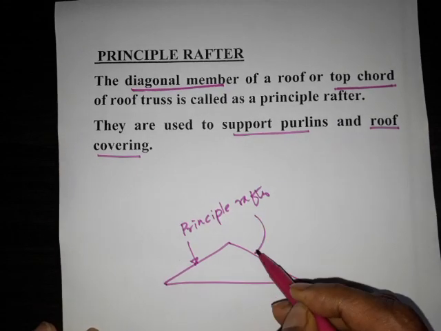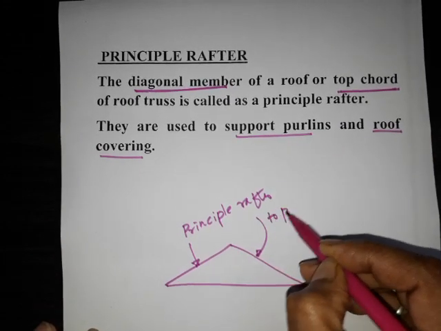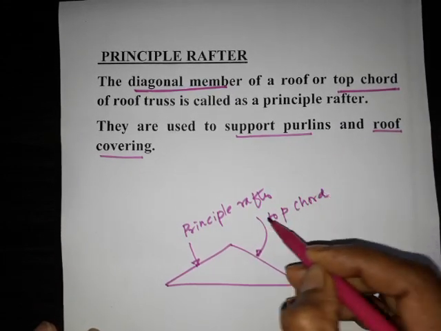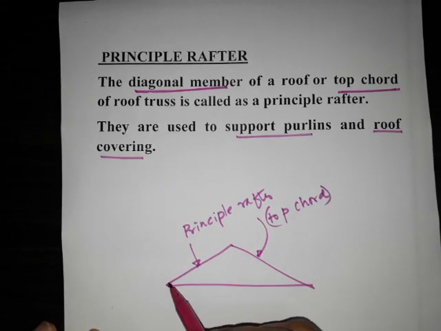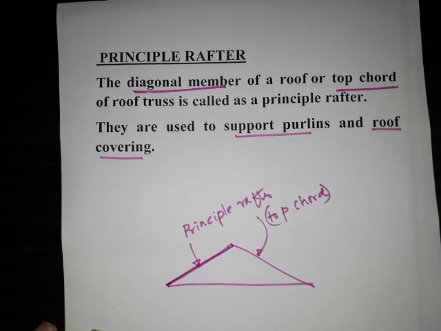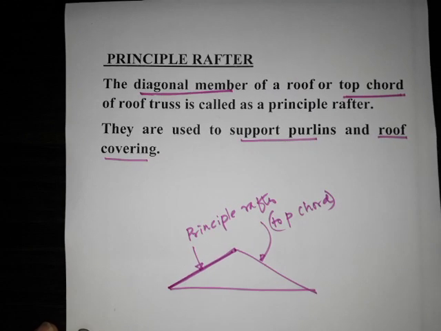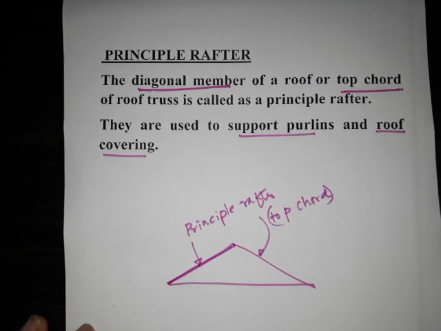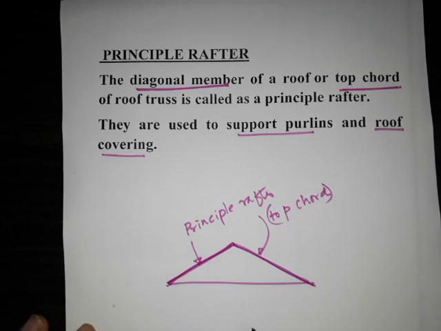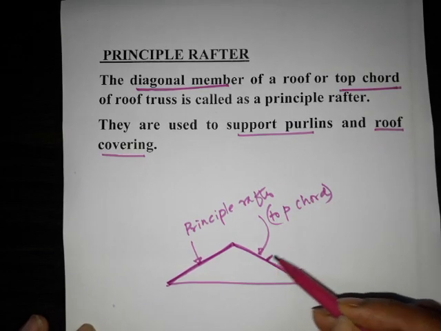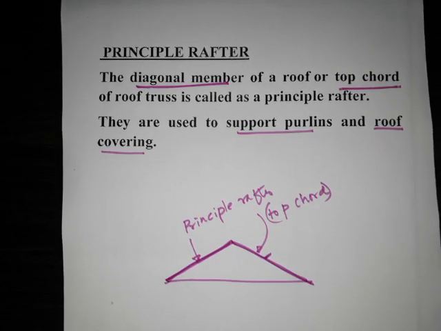It is also called the top chord, which is nothing but an inclined, diagonal member of a roof truss. This element is the principal rafter, and it is basically used to support what? Purlins. It is used to support purlins as well as the roof coverings.